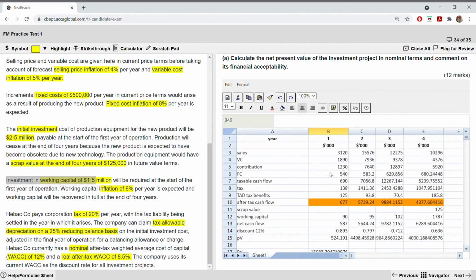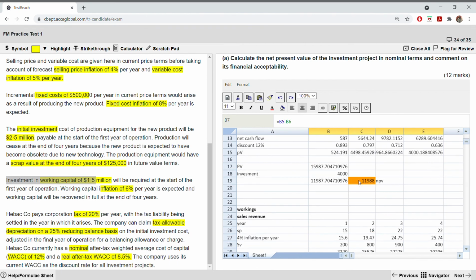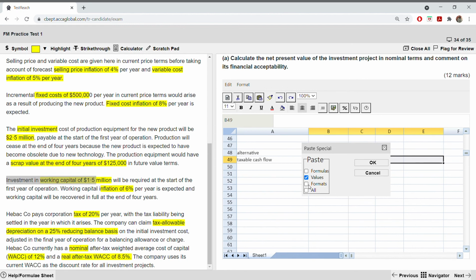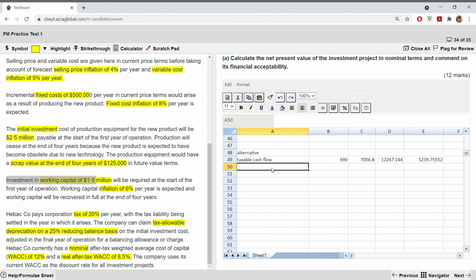Okay, copy, paste. When you're pasting, it will paste as 0. Paste special. After that, tax allowable depreciation, TAD.